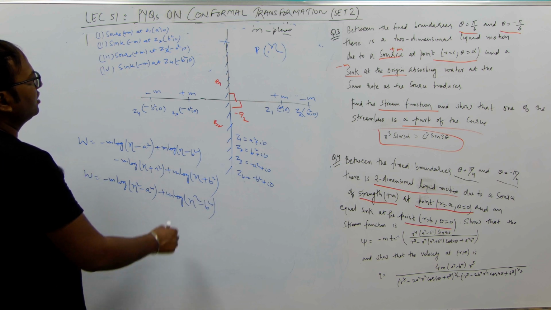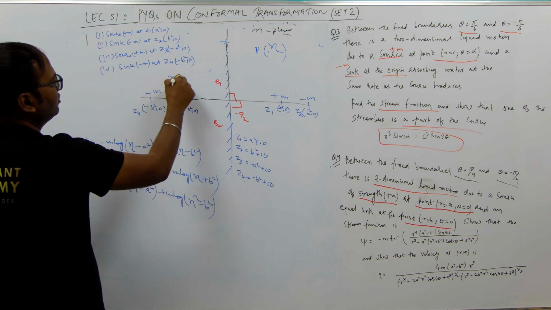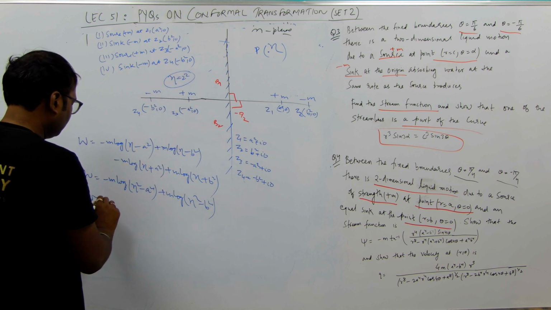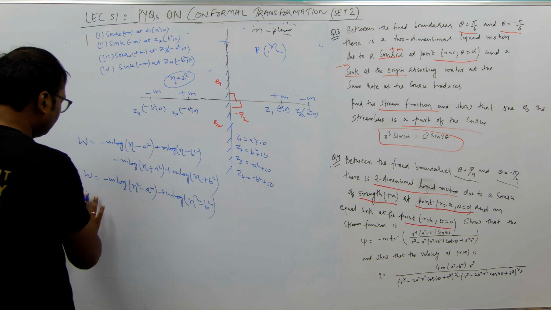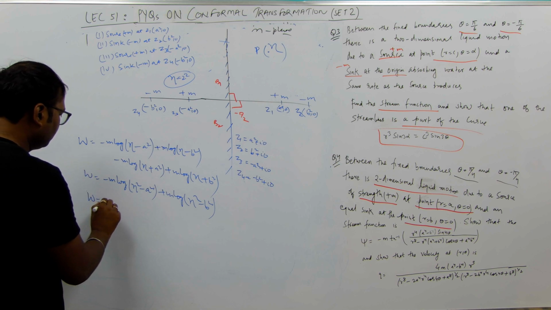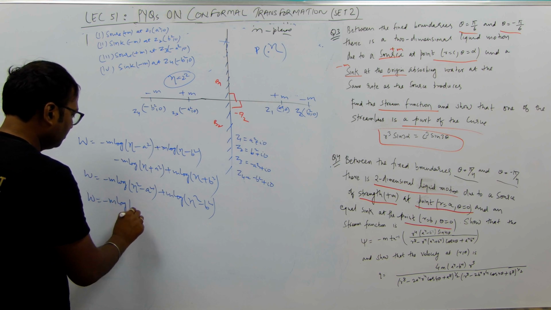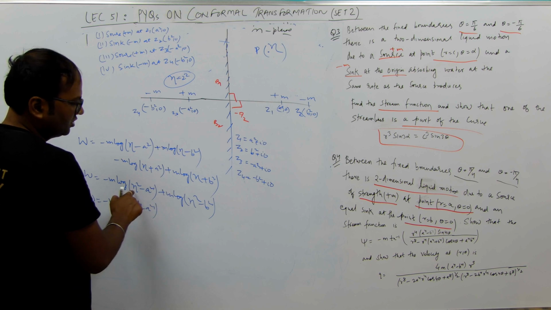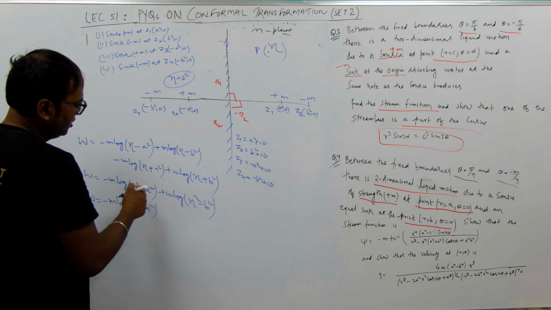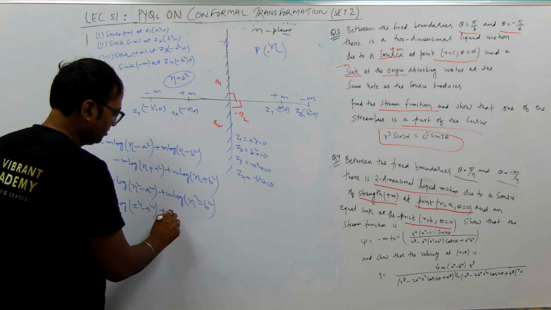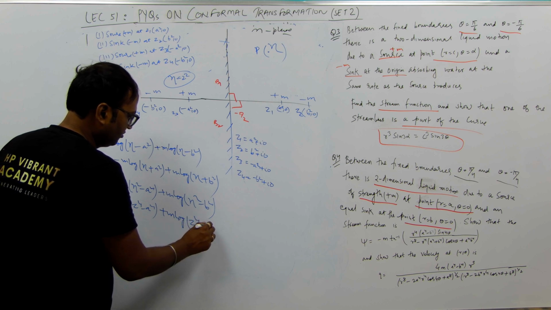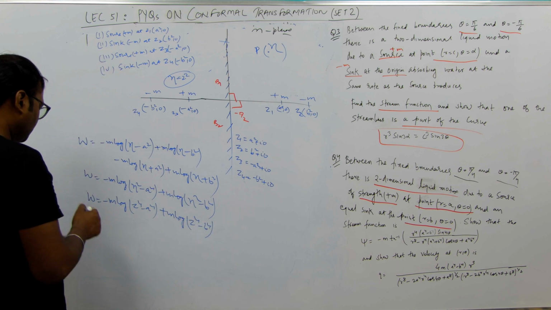Okay, so let us write down eta is equal to z to the power square. Let us put this value. So w is equal to minus m log of z4 minus a4, because eta is z square, so eta square will be z4, plus m log of z4 minus b4. Okay, so this is the complex potential.